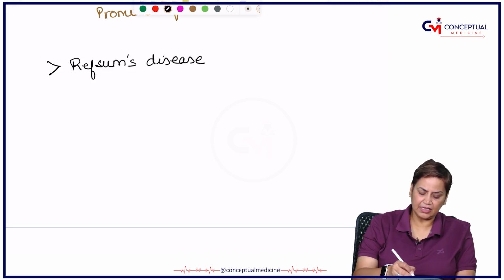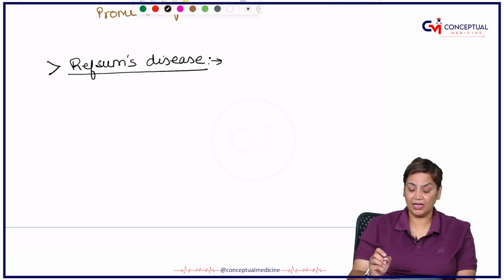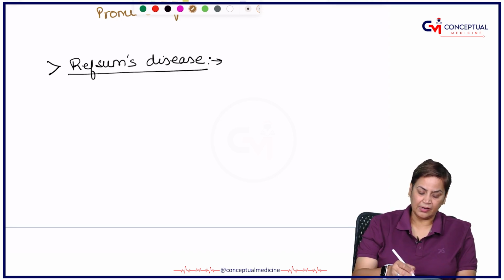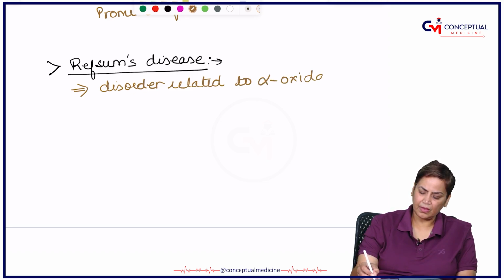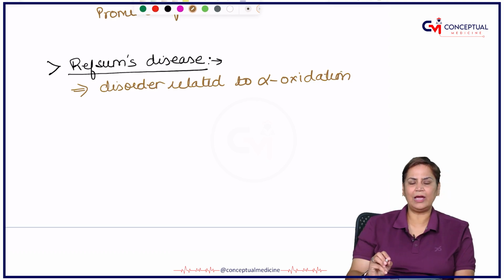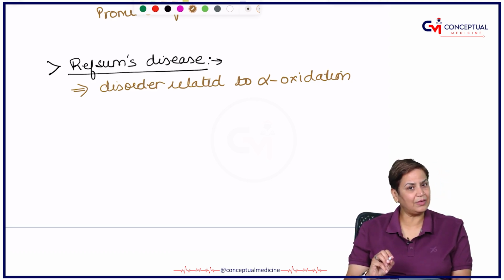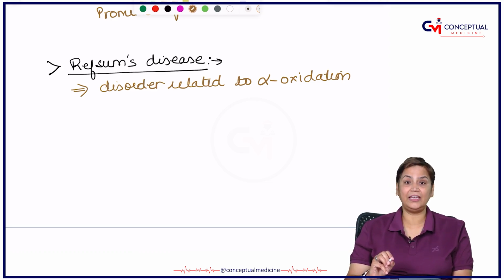Refsum's disease. Now what happens in Refsum's disease? It is actually a disorder of alpha oxidation. And I told you alpha oxidation is for those fatty acids which are having phytanic acid.